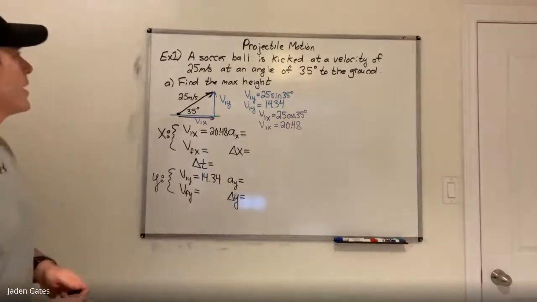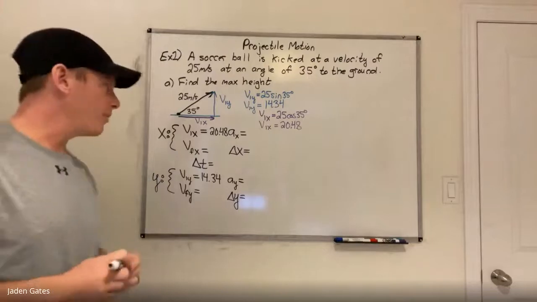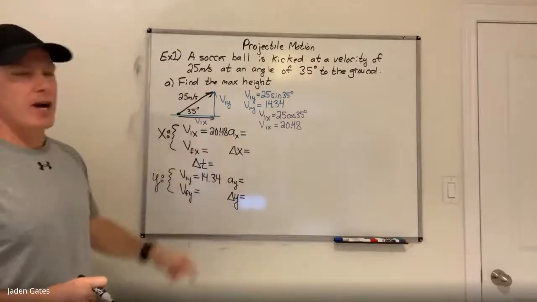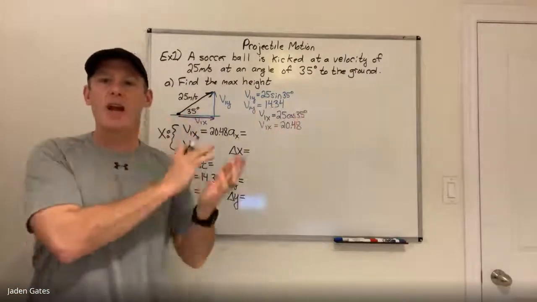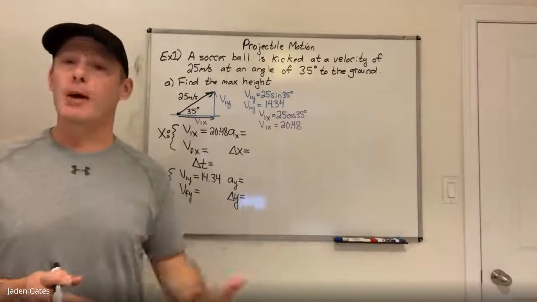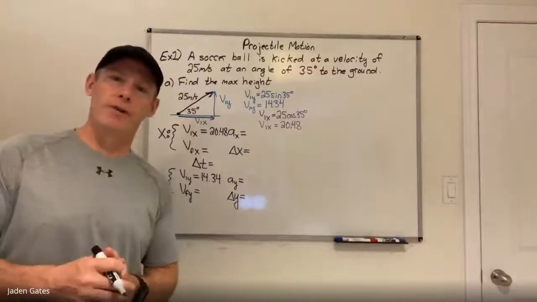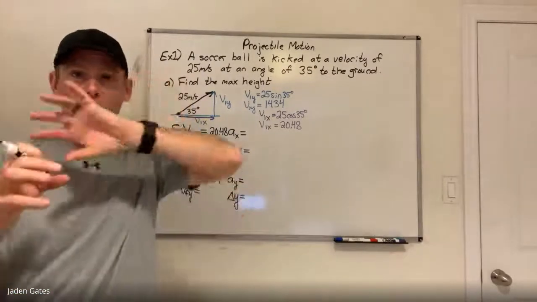Now, that's all I've got so far, but here's a couple of things. Acceleration in the x direction. What that means is, horizontally, is there anything pushing or stopping or speeding up this soccer ball? We're dealing with a perfect world, isn't that great in physics, where there is no air and no friction or anything like that going on in the air.